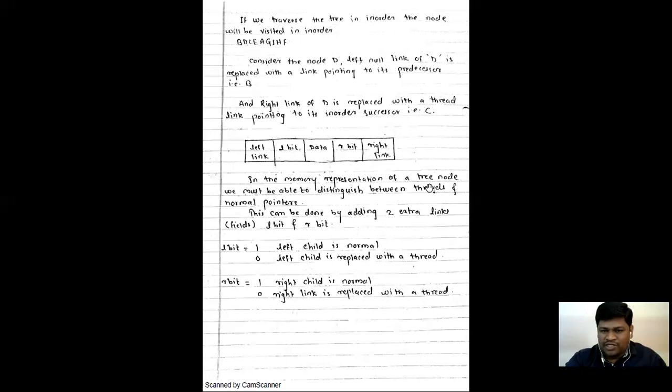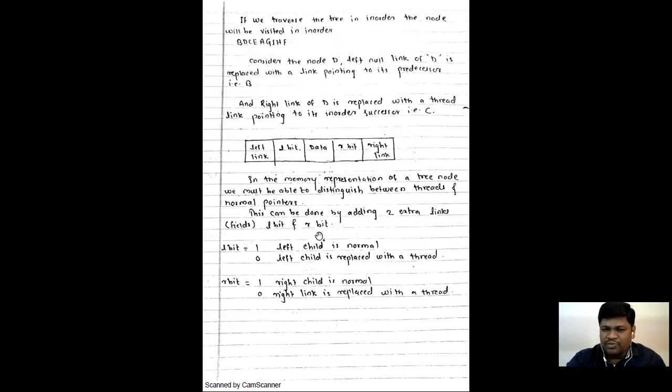In the memory representation of the tree node, we must be able to distinguish between threads and normal pointers. This can be done by adding two extra link fields.